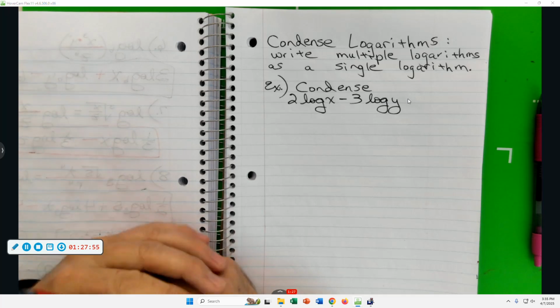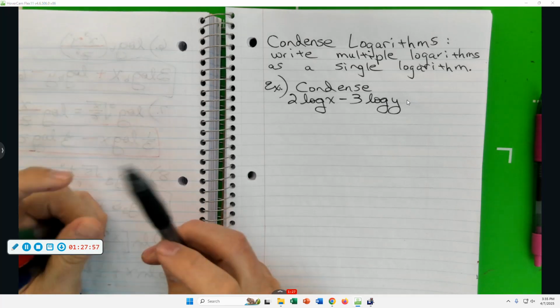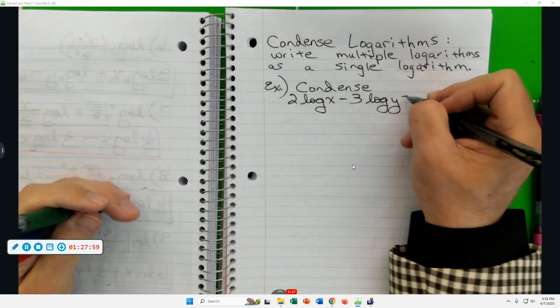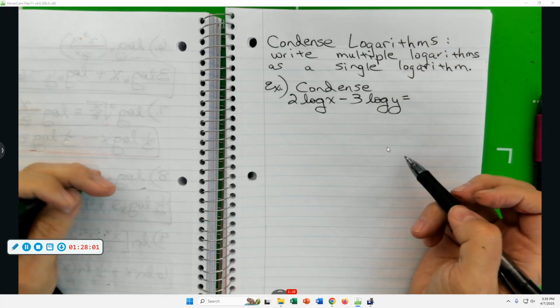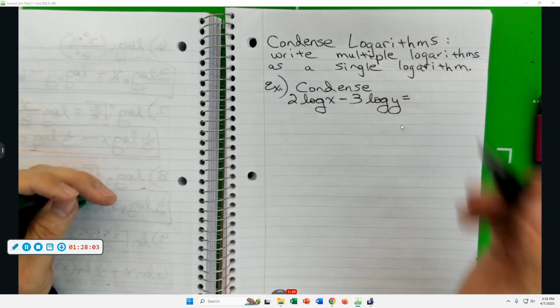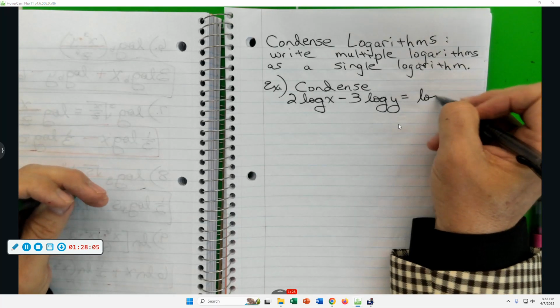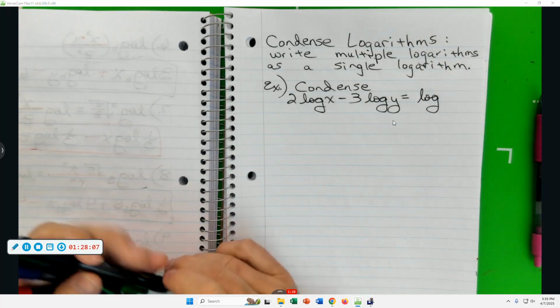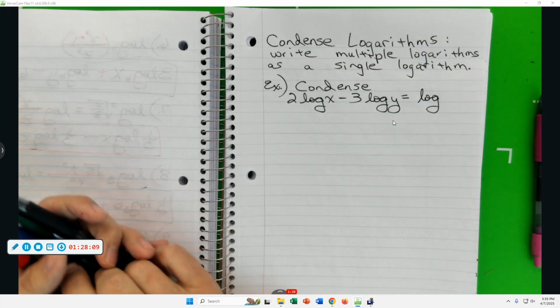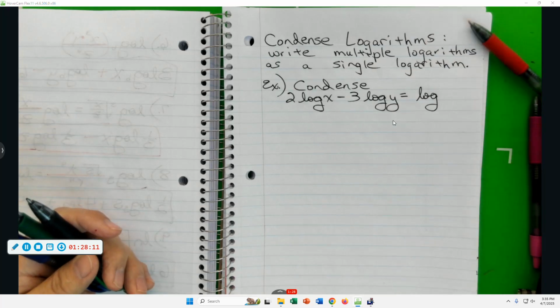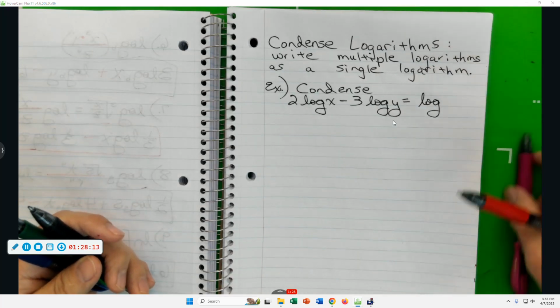Condensing means write it as just one logarithm. So go ahead and write equals. I'll write my log notation, and then what I normally ask myself is, do I need a fraction bar? What do y'all think? Do I need a fraction bar?